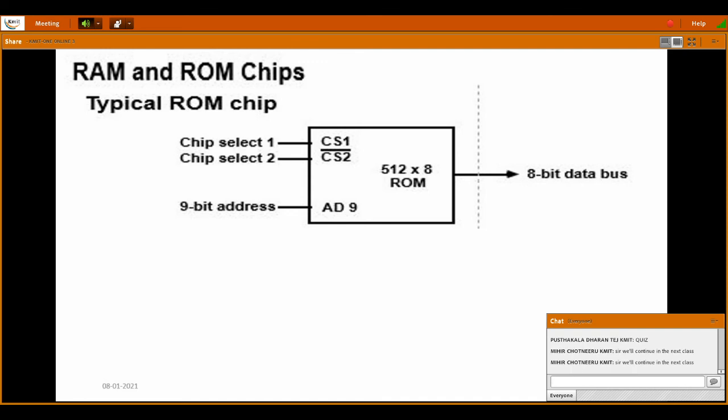Cache memory is a very fast memory, but it is very small. Cache memory is mainly useful in order to store frequently used instructions.